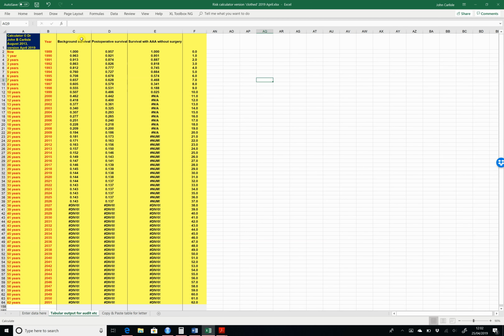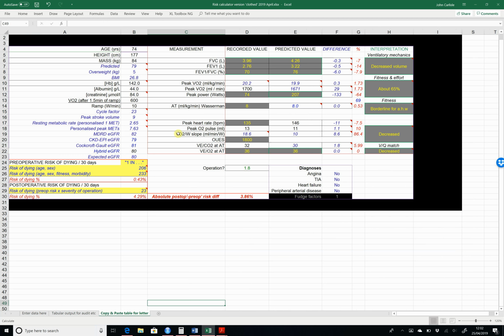And the third one is a spreadsheet that we use in Torbay, and we print these off and keep them in the notes. It summarizes some of the CPET results and some of the characteristics of the patient, so age, height, weight, and so on. Body mass index is calculated on this sheet as well.